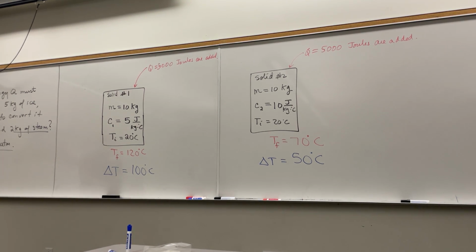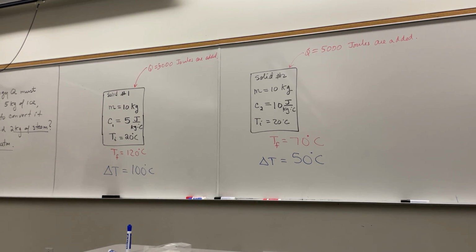So which of the two has the higher value of C? Number 2. By how much did the temperature change? 50 degrees Celsius. What about the other one? 100. So the one with the higher value of C, for the same amount of energy coming in, went up in temperature less or more?